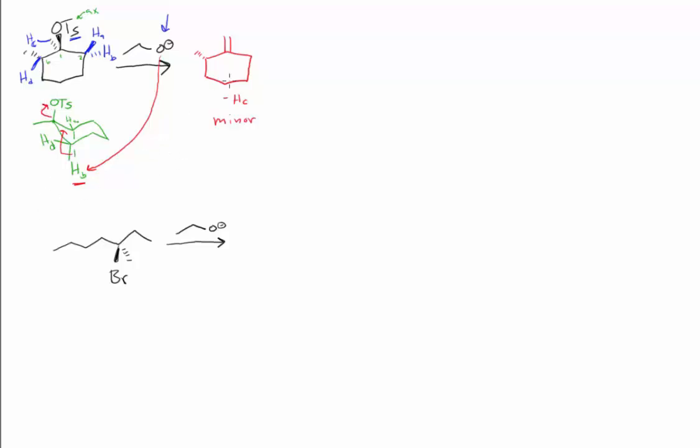And this gets us to the product up here. By losing HB, we know that the alkene forms between carbons 1 and 2. We still have HA right here. And of course we still have the methyl, and we still have HD, which we don't need to put in, of course, but I'm just going to keep it there. And we know that that's really the only other option we have.